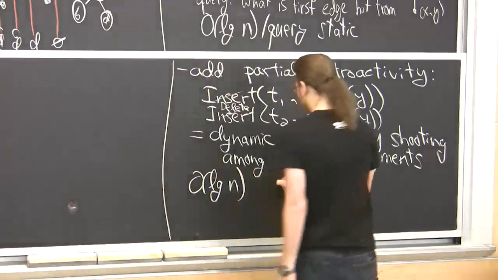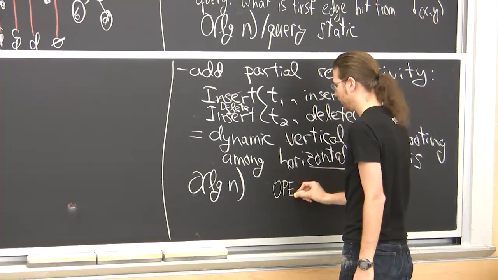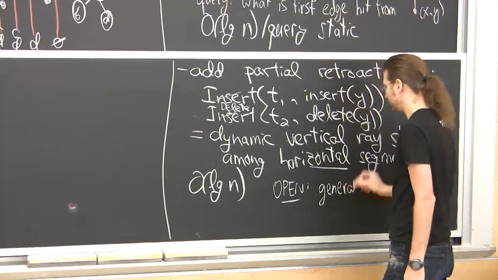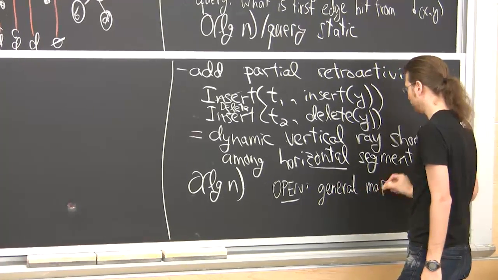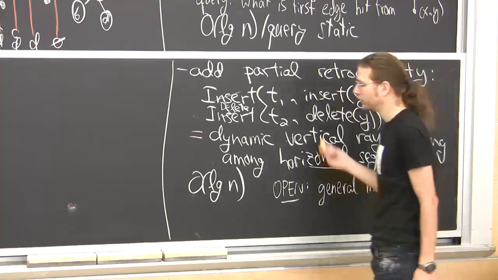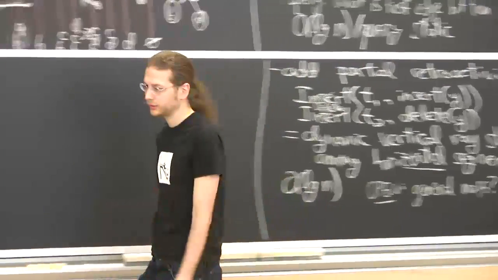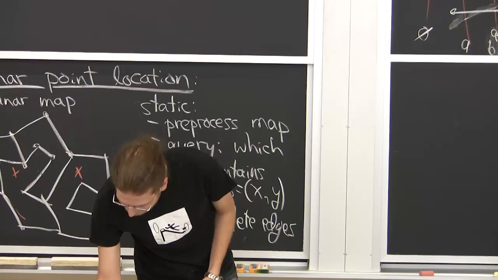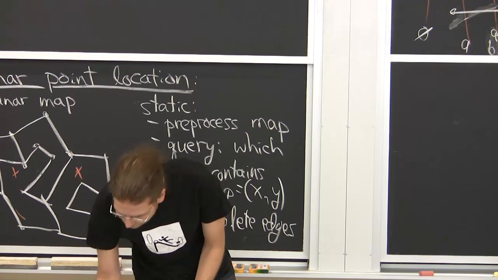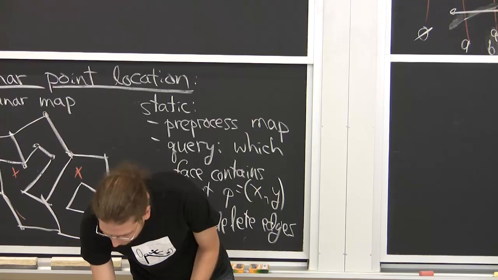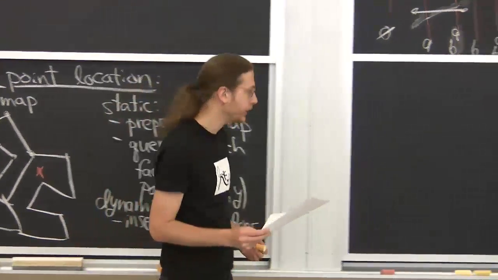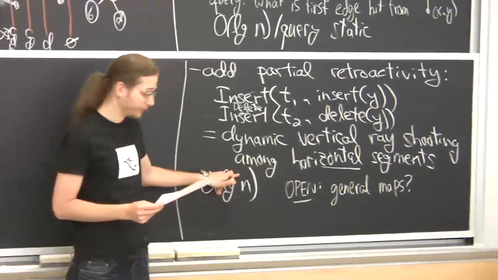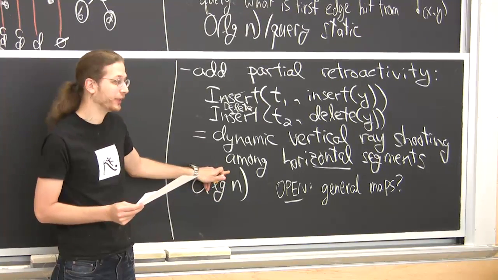There are a bunch of open problems. What about general maps? So for dynamic vertical ray shooting in general maps, the best result is, if you want log n query, log to the 1 plus epsilon insert, log to the 2 plus epsilon delete.